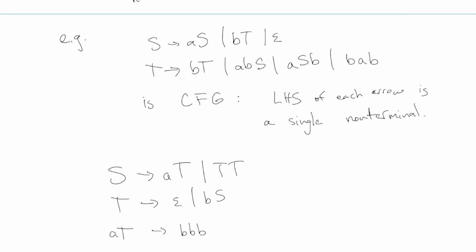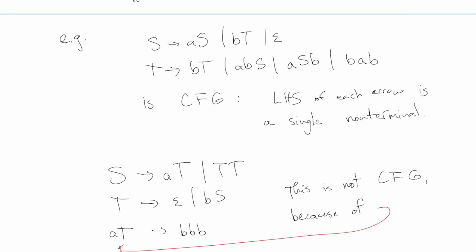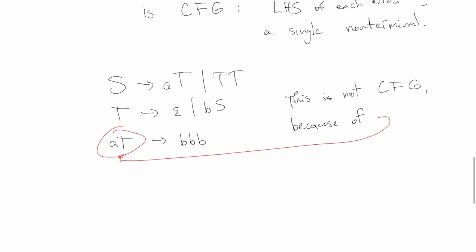This one is not context-free, and it's because of that last line where I have some weird, funny business on the left side of the arrow. That makes it not context-free. So this is not a context-free grammar because this funny business on the left side is not allowed. If you see weird stuff on the left, that is not context-free.